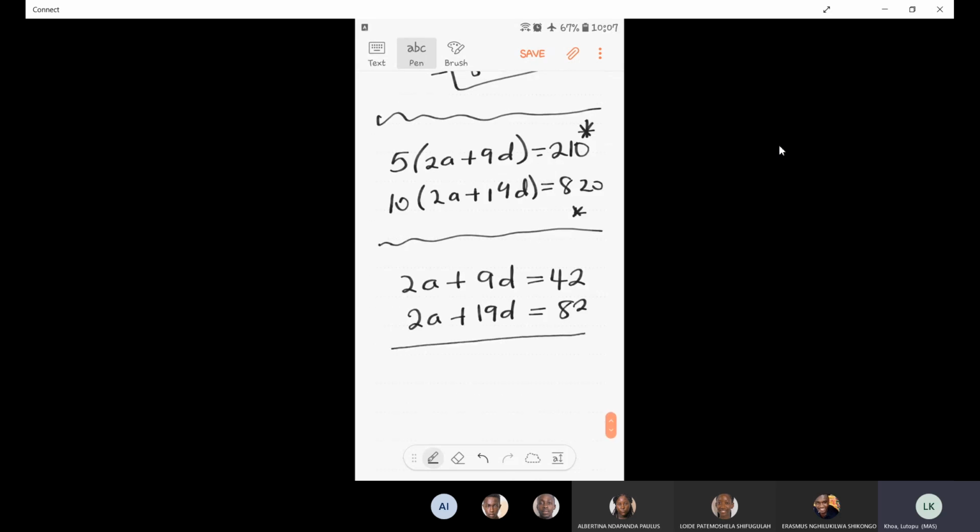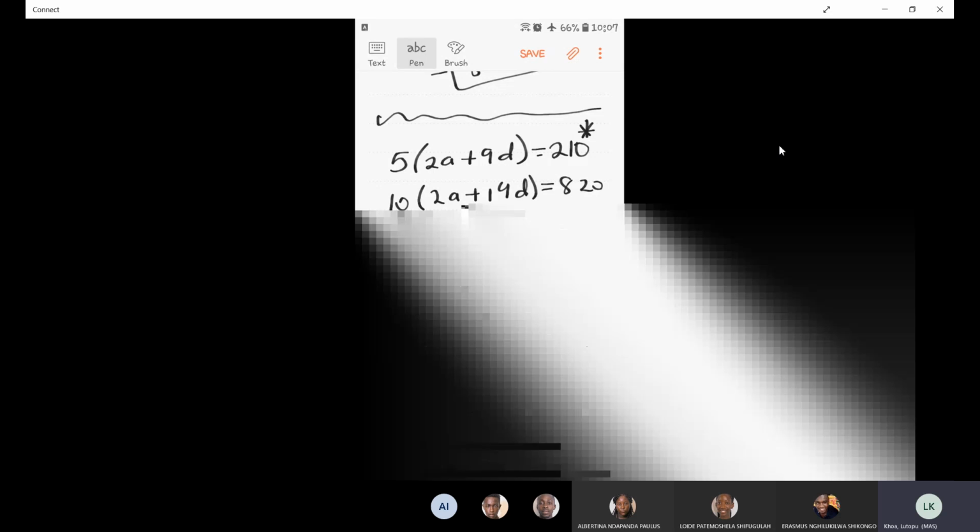And then I will use elimination because the coefficients of a are the same. And then I will subtract. So 2a minus 2a is 0. 9d minus 19d, this is minus 10d. And then 42 minus 82, this is minus 40.